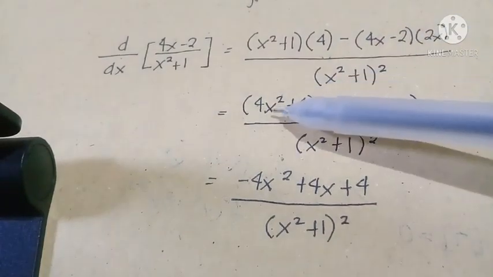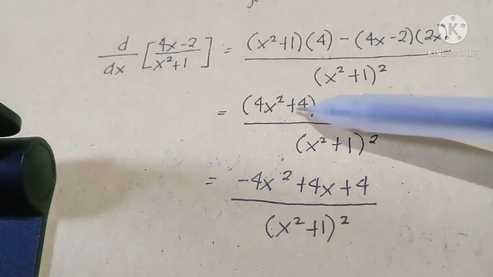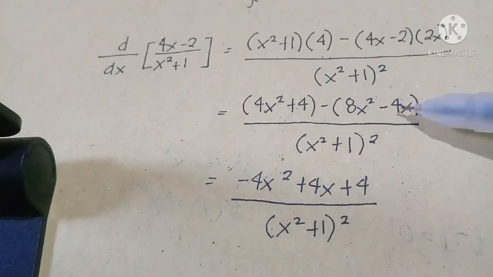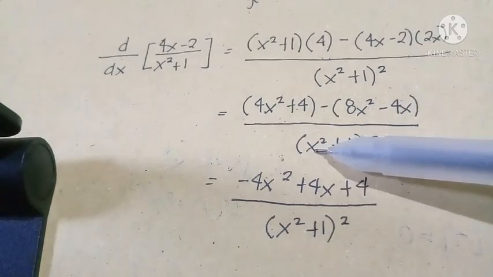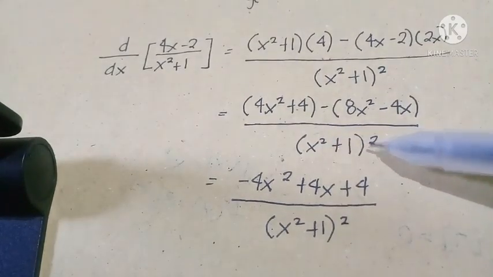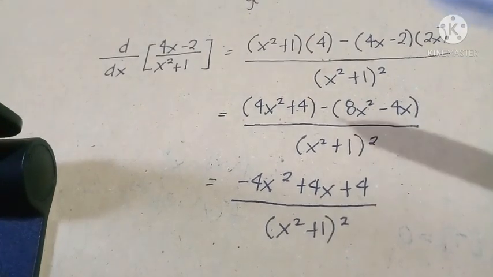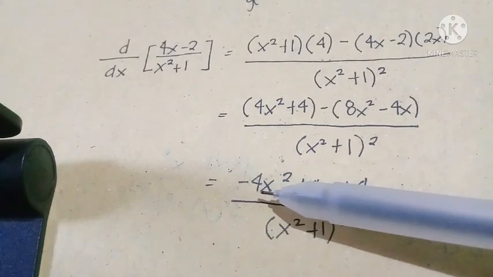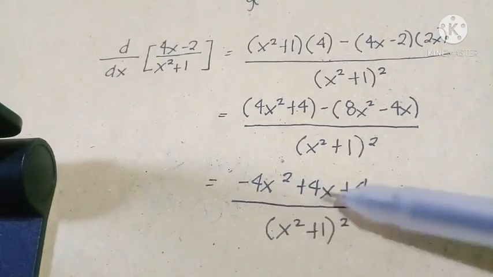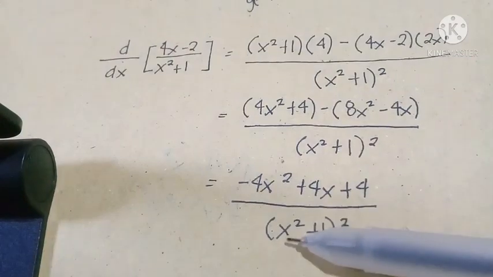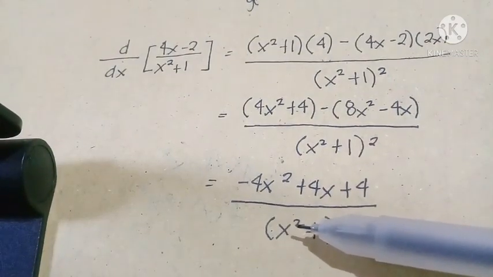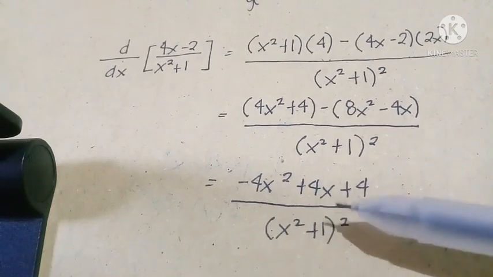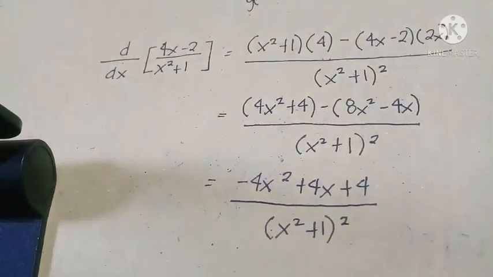So we have this result: 4x squared plus 4 minus 8x squared minus 4x over x squared plus 1 to the power of 2. And this is the answer: negative 4x squared plus 4x plus 4 over x squared plus 1 to the power of 2.